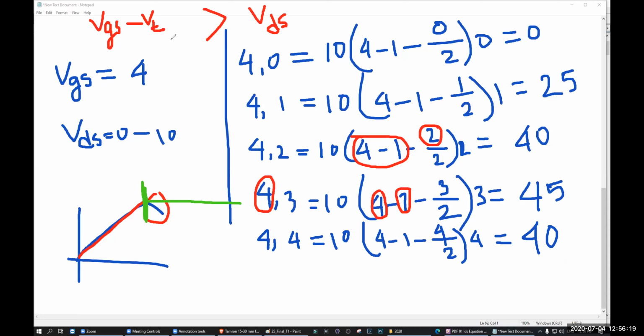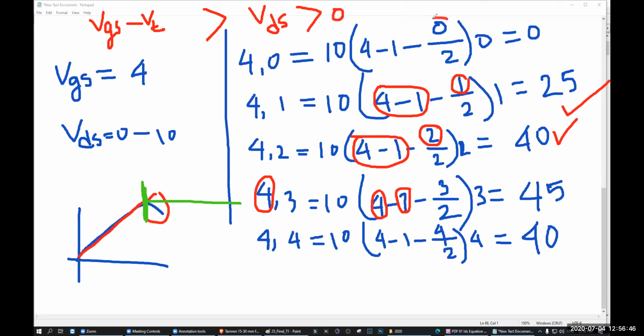So that time it was working. 4 minus 1 is 3, and our VDS was 1. This one is bigger, so it was working. Understood? So when VGS minus VT is greater than VDS, that time it will be linear, provided your VDS is not 0.